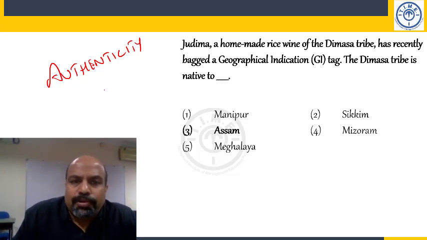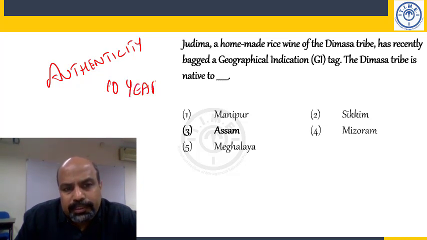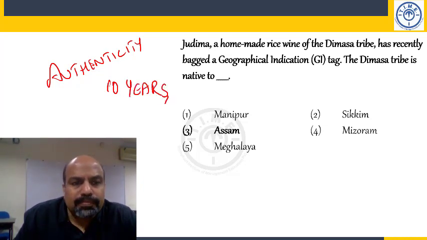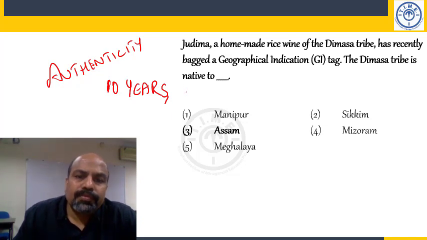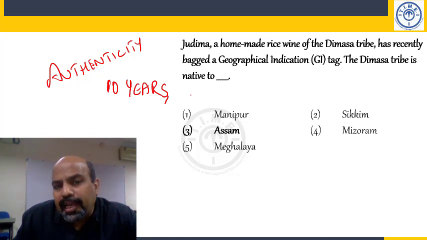A GI is given for 10 years, after which it can be renewed.